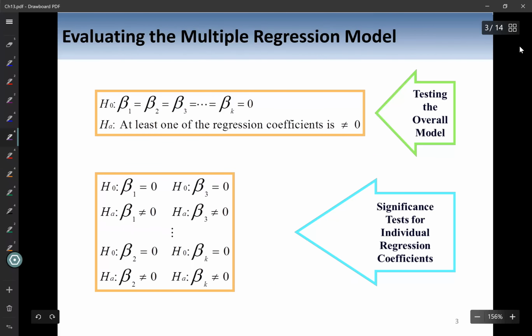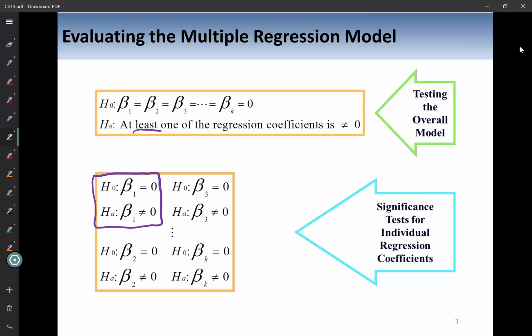So here's how we evaluate that. You can test the overall model to see how good it is. So you have your null hypothesis where all the coefficients are equal to 0, versus the alternative hypothesis where at least one of the regression coefficients does not equal 0. We can also test for individual regression coefficients. These are each individual tests.